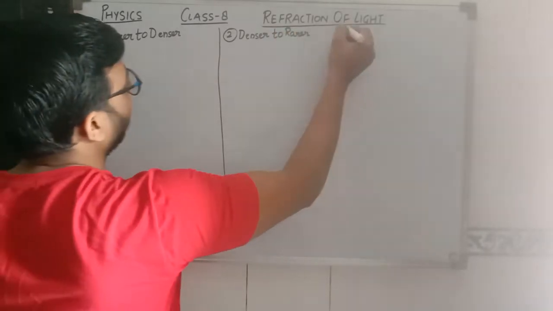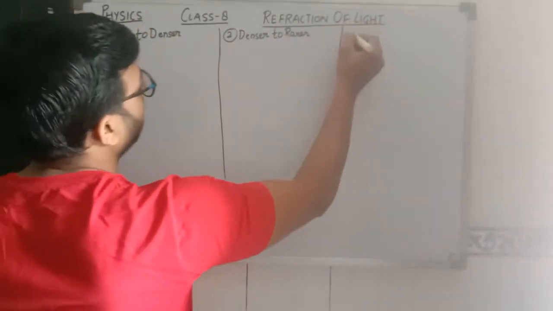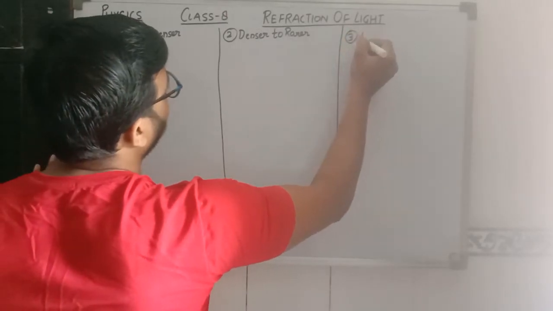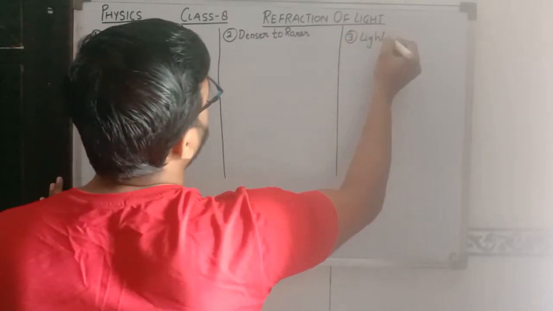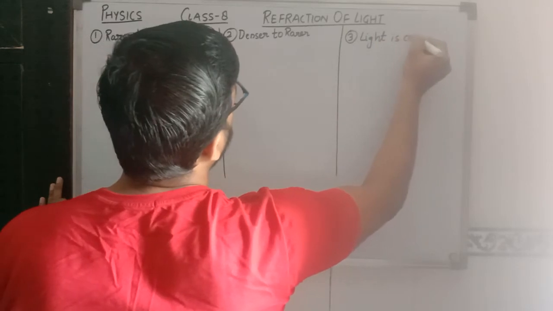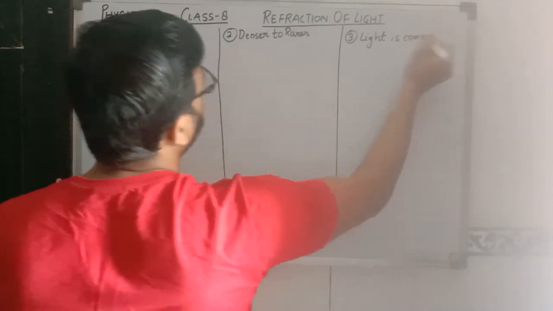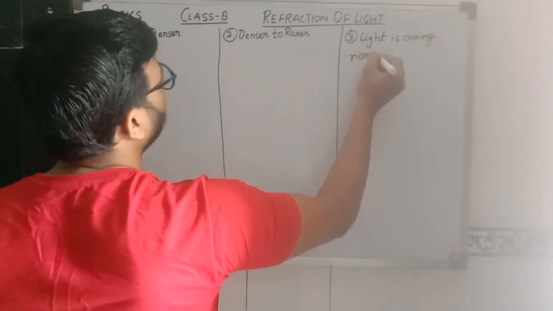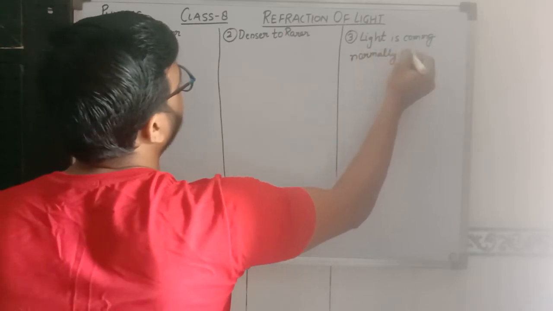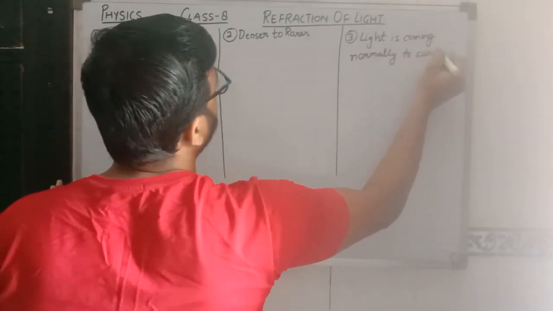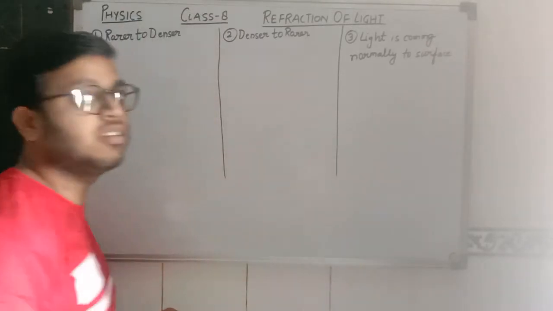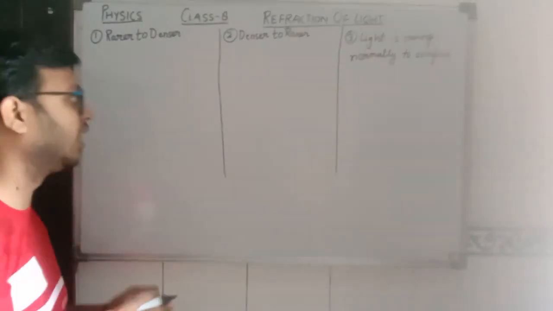And the third case is when the light is coming normally to the surface. So these are the three cases in which we have to understand the diagrams.